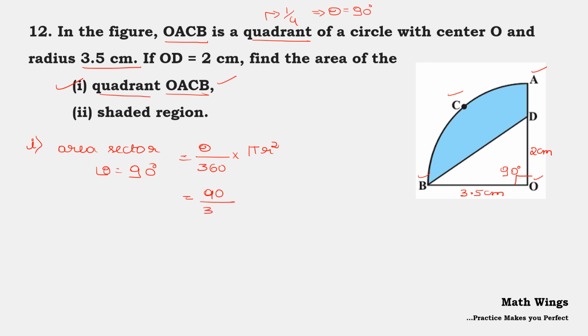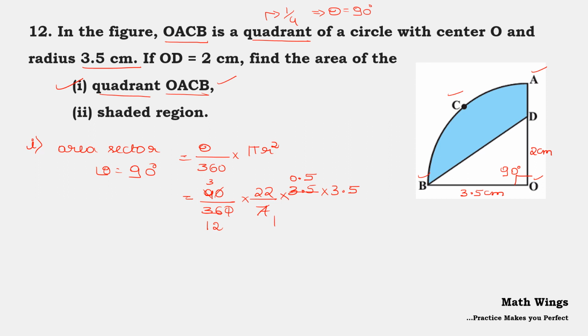Therefore, 90 by 360 into 22 by 7 into, what's the value of r here? R value is 3.5 into 3.5. So when I cancel this one, I'm getting 3 3s are 9, 3 1s are 3, 3 2s are 6. Now I have 7 1s are 7, 7 0.5s are 3.5.